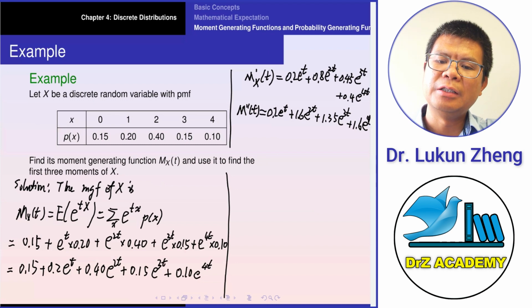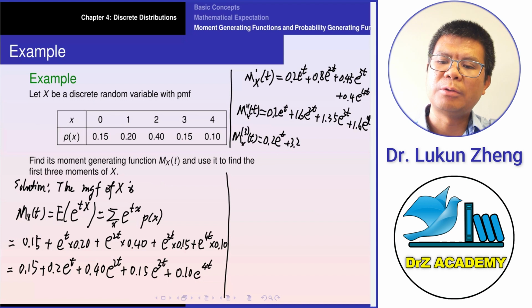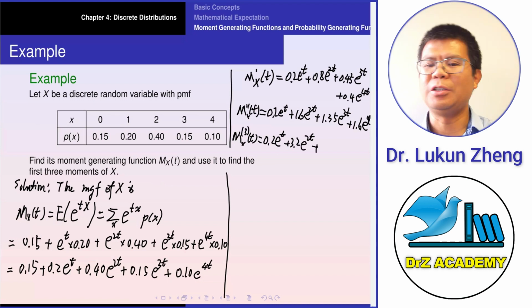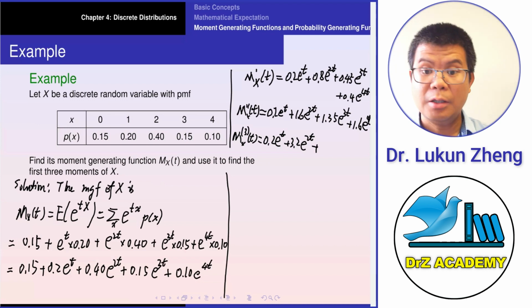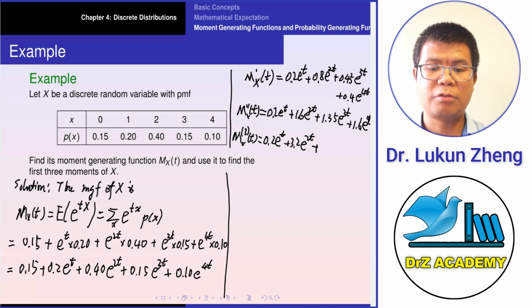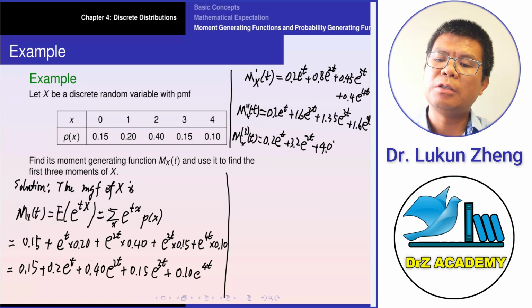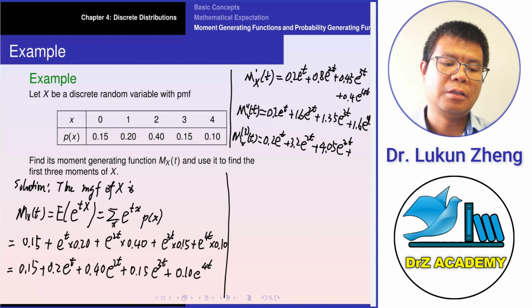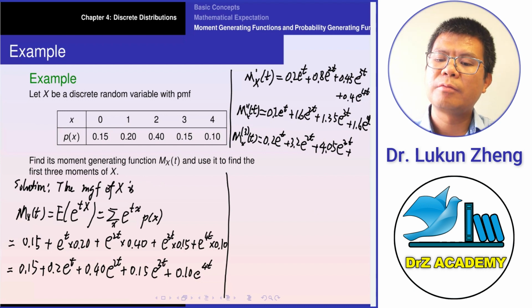Then the third derivative is 0.2 e to the power t plus 3.2 e to the power 2t plus, let me just use the calculator, 3 times 1.35 is 4.05 e to the power 3t, plus 6.4 e to the power 4t.